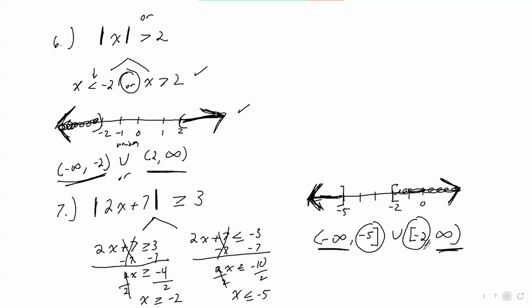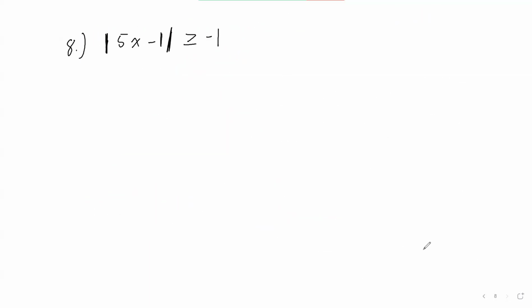But this time, when you have a greater than and a negative, how do they write this? I want to call it infinitely many solutions, but oh, they don't call it anything.